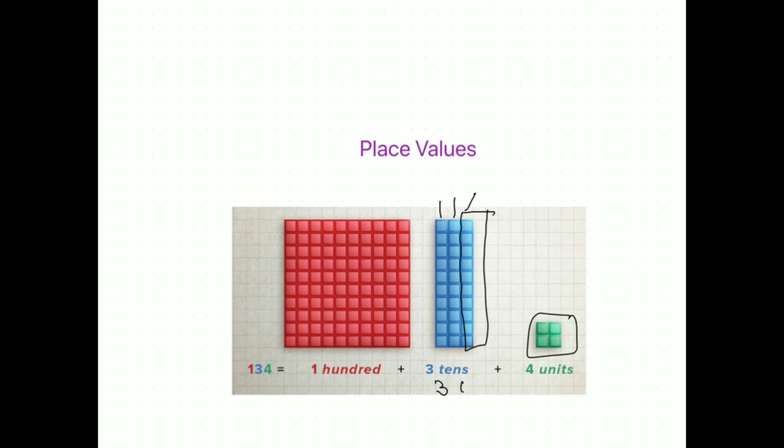So it is 30. This is only 4. And here it is 10 this way and 10 this way. So that makes 100. So your total answer will be 100 plus 30 plus 4. That is 134. So you can then explain the value of ones, tens, hundreds.